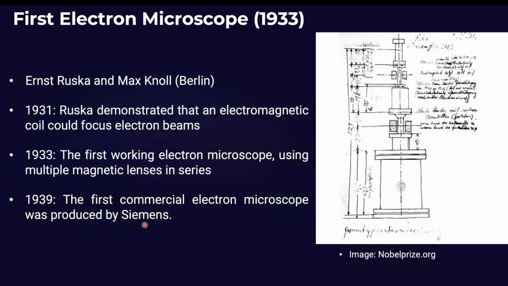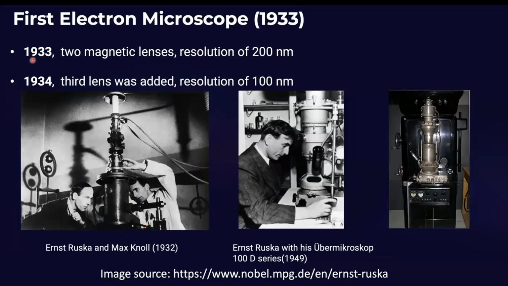In 1933, Ruska used two magnetic lenses and was able to see the same resolution as an optical microscope. Use of a third lens increased the resolution twofold already a year later.